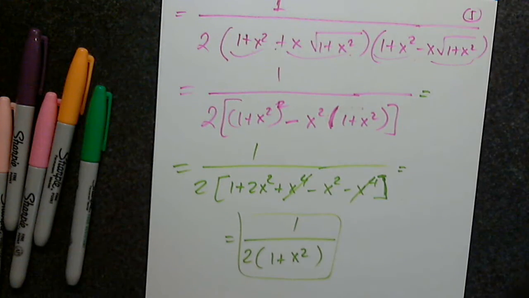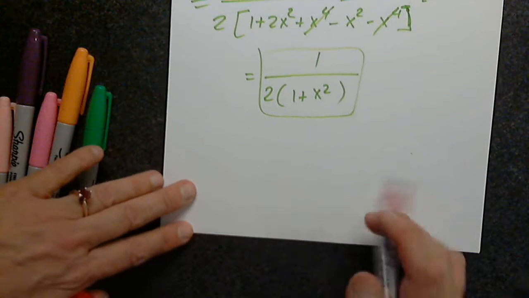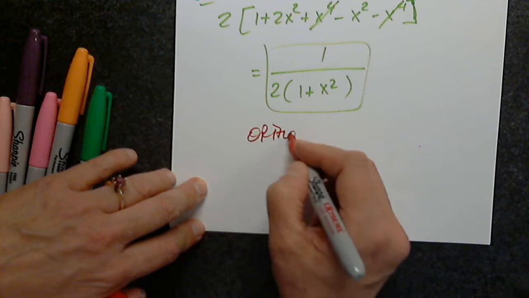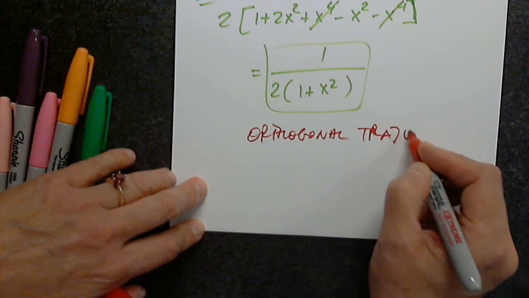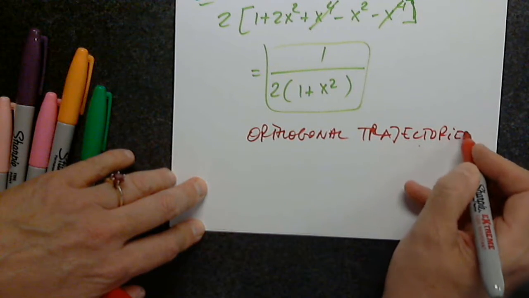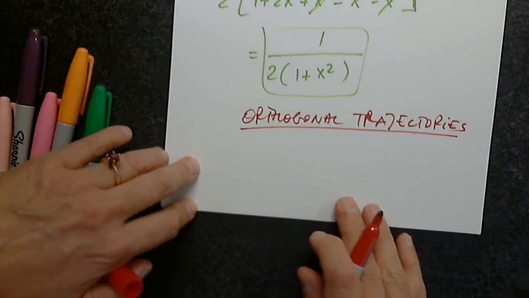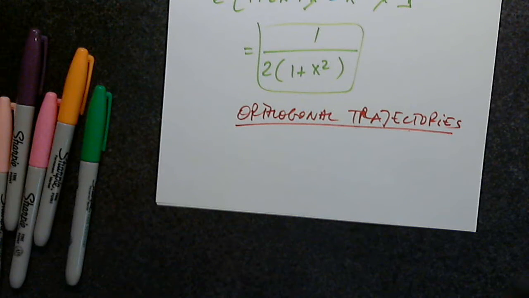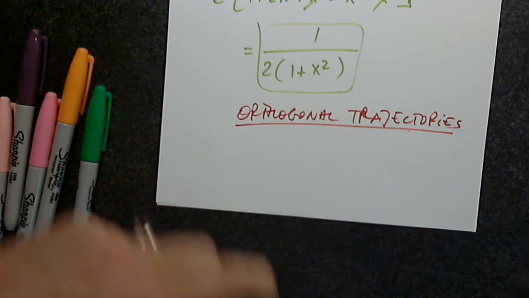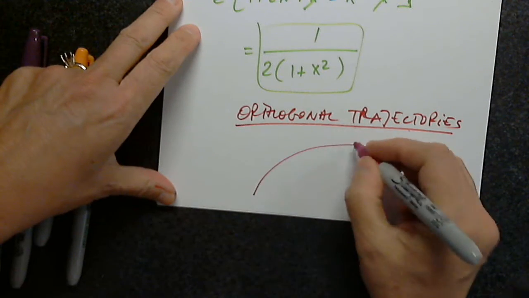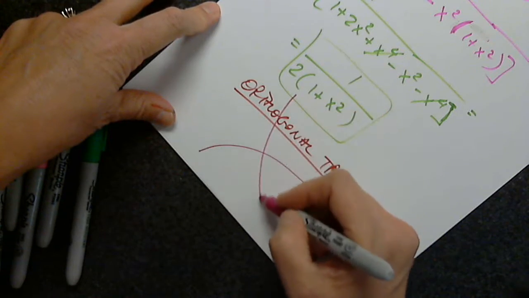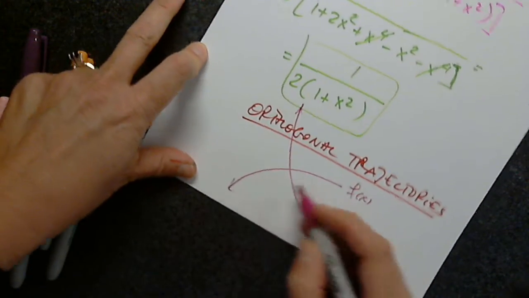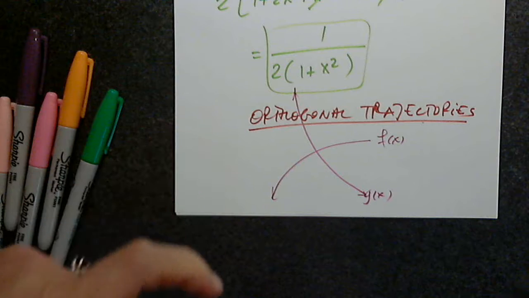Let's talk about orthogonal trajectories. This is important in physics, and it has other applications as well, so it's a good application. Here is a function f of x, and here is another function, let's say g of x.